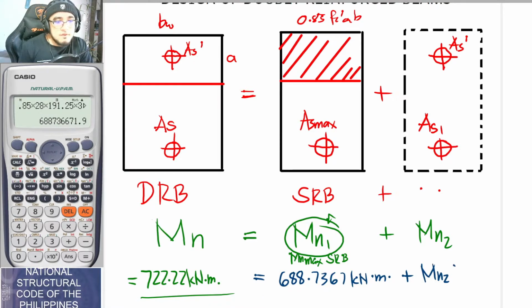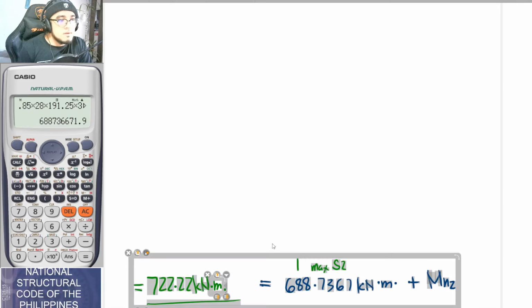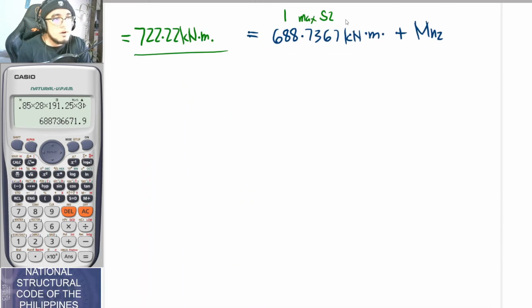For the value of your Mn2, I would once again copy this to our next slide. I just made a new page here. So these are your Mn1. This is the value for your Mn. This is the value for your Mn1. And this is the value, of course, of your Mn2.